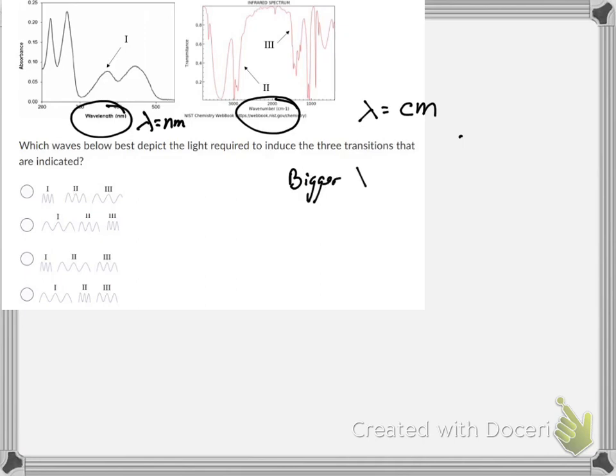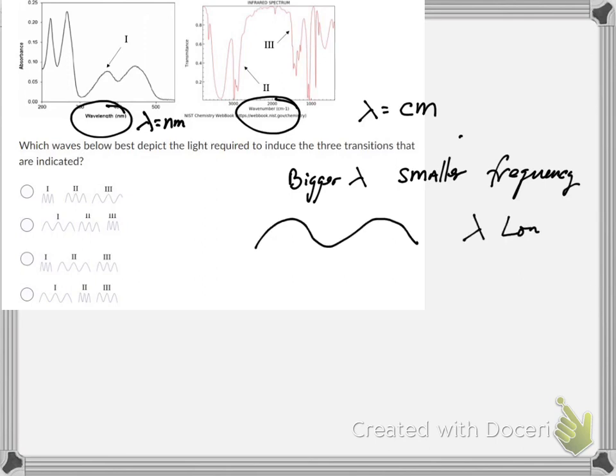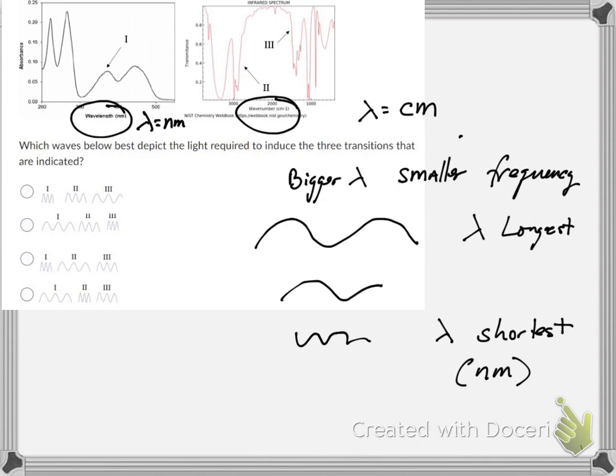And so let's take a look at what we see. Okay, so the biggest lambda is going to be the smallest frequency. So when we see these three pictures, it's going to look something like this. So we're really trying to find out what is the shortest lambda, what's the largest lambda. Well, it should be pretty clear that the shortest lambda has to be nanometers. It's the smallest unit.